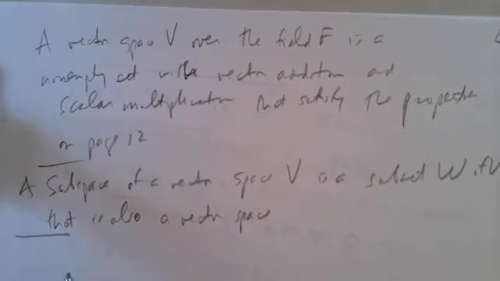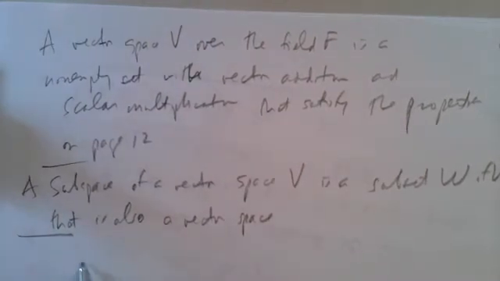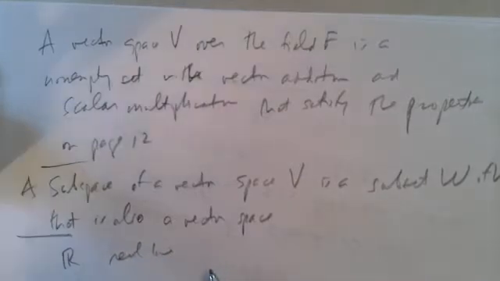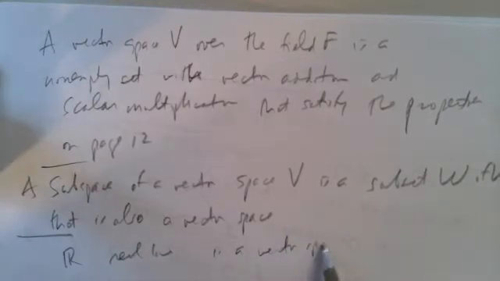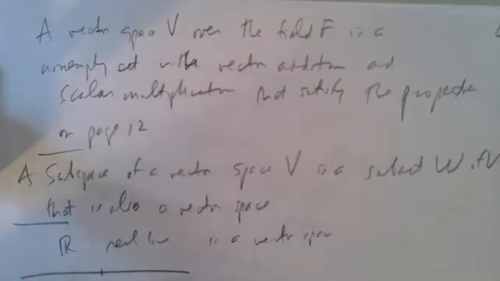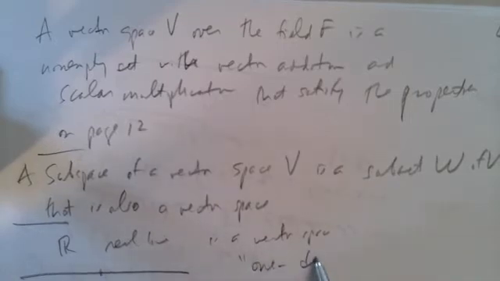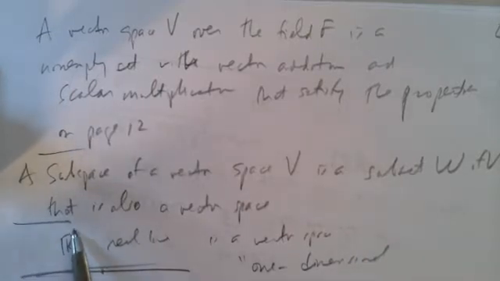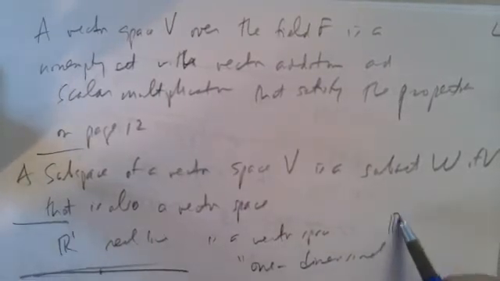Suppose you have the line R, just the real line. So this is a vector space. Every vector in this space is just a real number. And you can think of the line as, in some sense, one-dimensional. I'll call this R1.